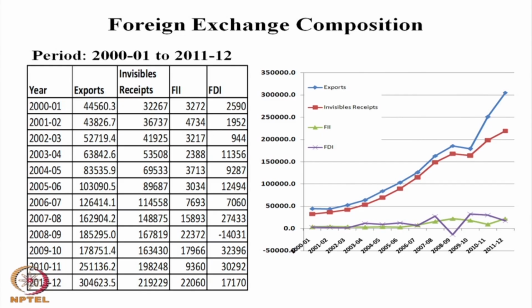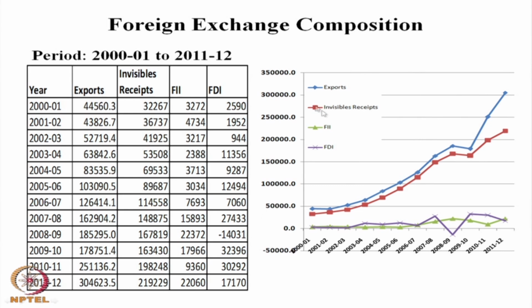And if you see the two parts, the red line is your invisible part, and along with the export, invisible also increasing. However, the FDI side is fluctuating, and 2006-7 onwards the FDI is not significant because of the recession in the world economy.